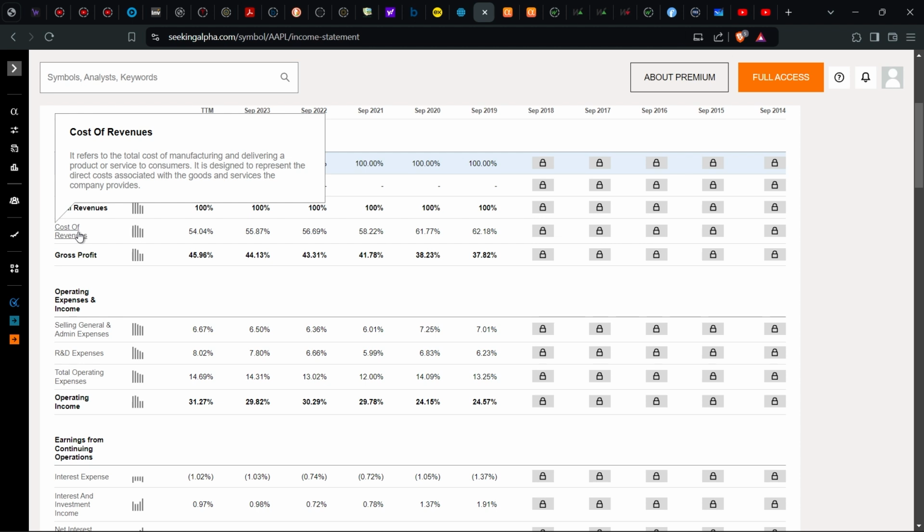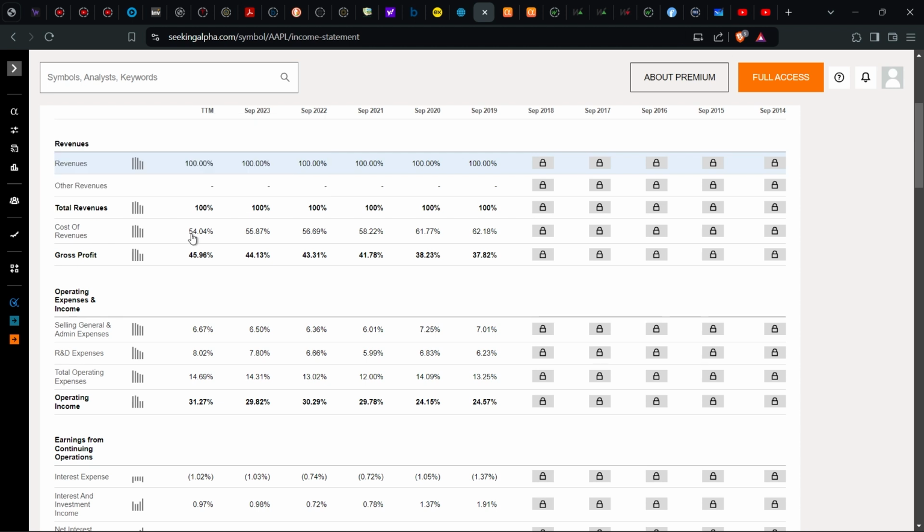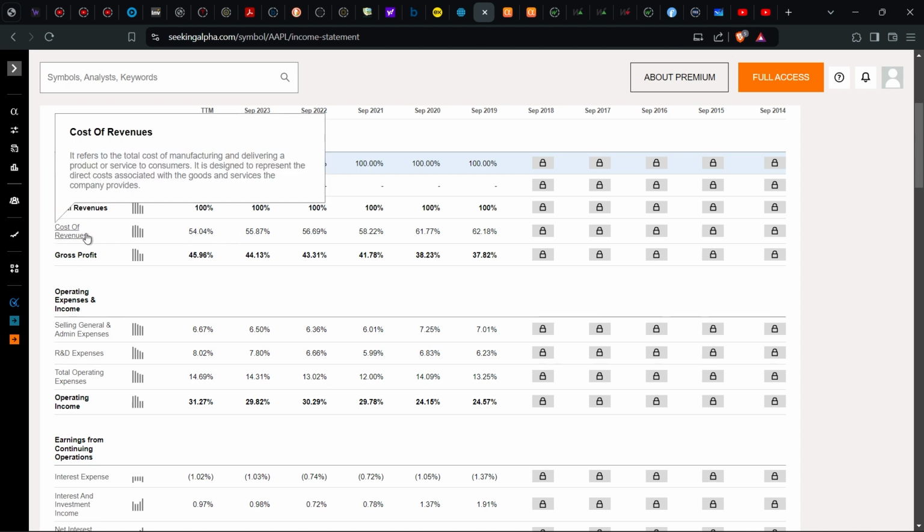That is the cost of revenues. Okay, the total cost of manufacturing and delivering a product or service to consumers. That is the cost of the revenue. What's included here is the production costs, mainly production and delivery costs. That's what's included in the cost of revenues.